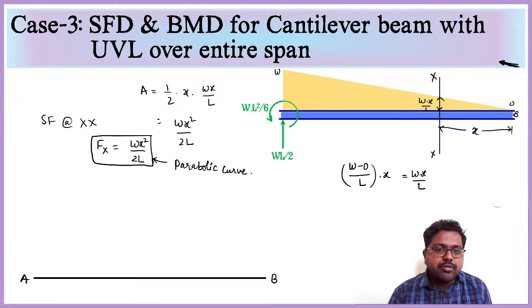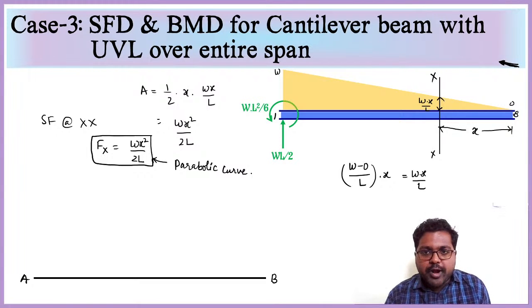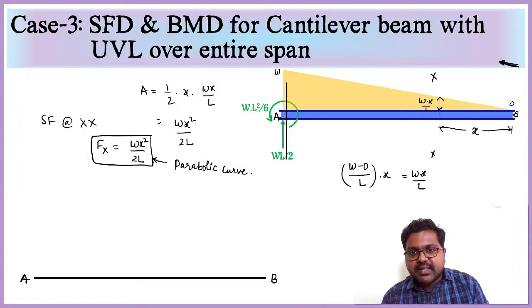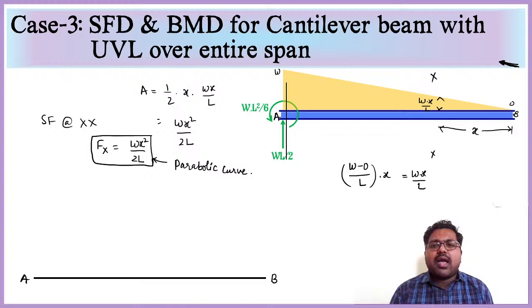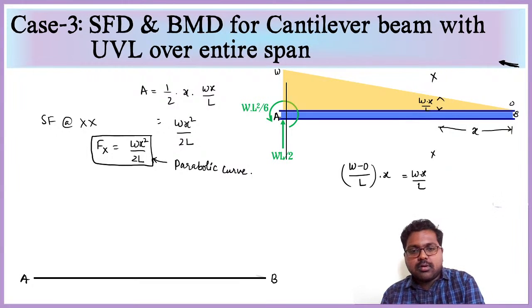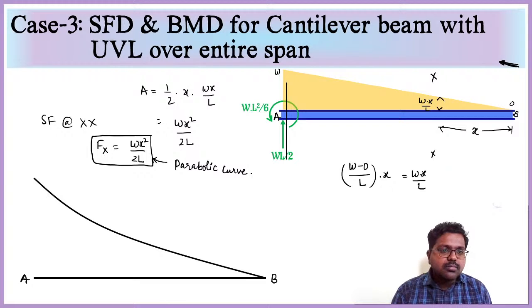So if we continue the same up to this point A, next if I take the section XX immediate right to the A, exactly on A, we are having WL square by 2L. So curve will come like this, and it is having the maximum value as WL square by 2L, that is nothing but WL by 2, since L got cancelled.